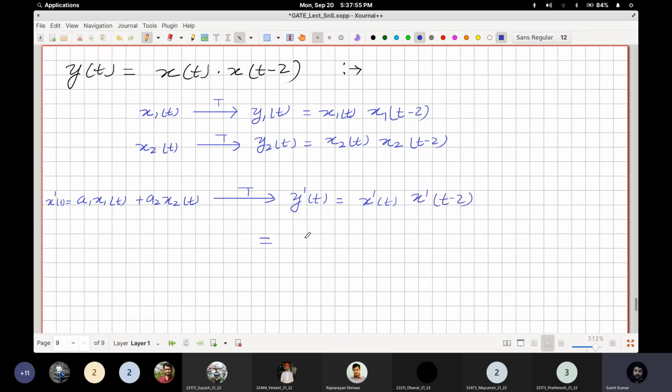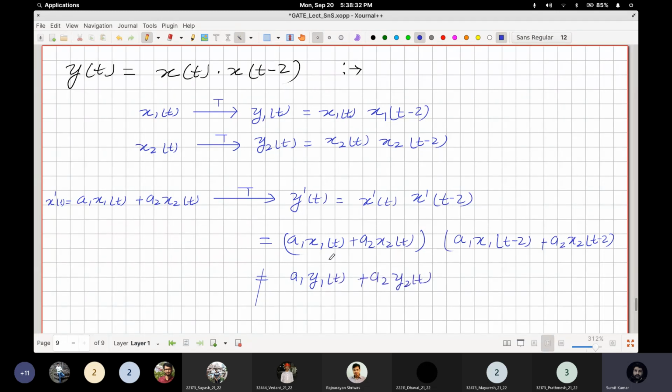What is x'(t)? It is a1 x1(t) plus a2 x2(t). And this times a1 x1(t minus 2) plus a2 x2(t minus 2). If you do this multiplication, you will clearly see that this will not be equal to a1 y1(t) plus a2 y2(t).